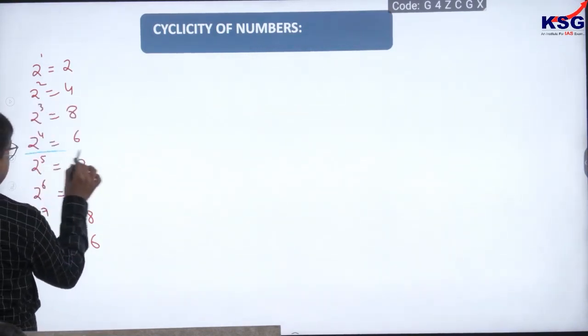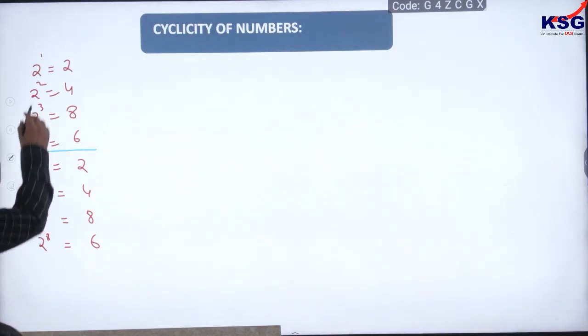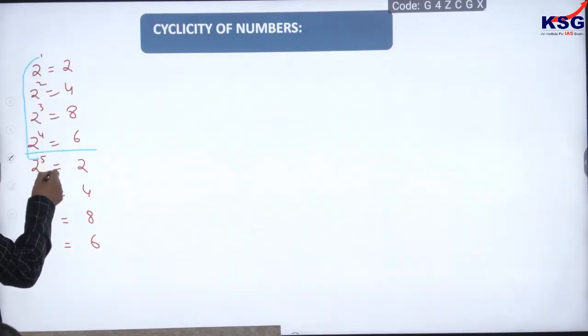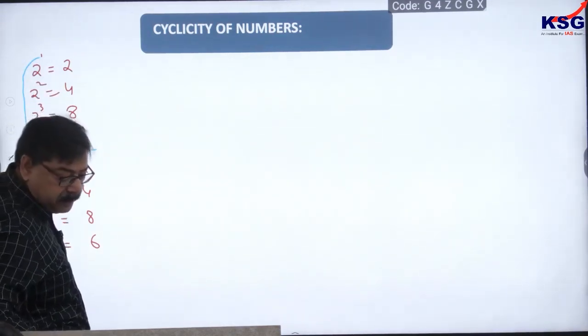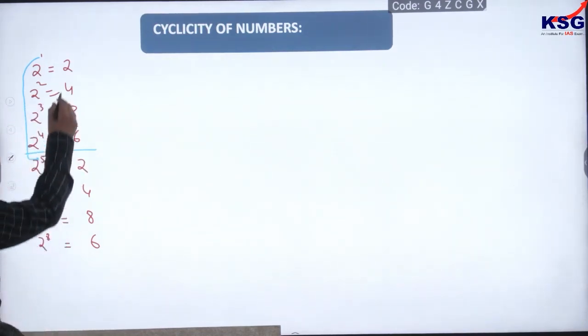Here, what do you see? After every fourth power, the units digit happens to be the same. So this is 2 power 1, plus 4 powers, 2 power 5. So you get 2 in the units place. Here also 2.